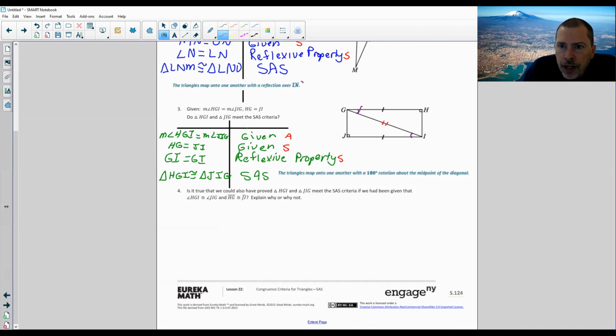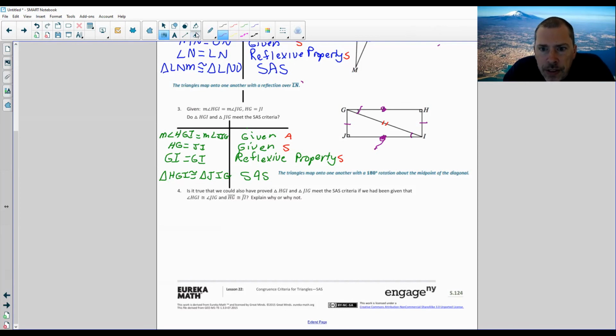So now they're saying, could we have proved this if we were given this was equal to this instead of these? So these are not there.